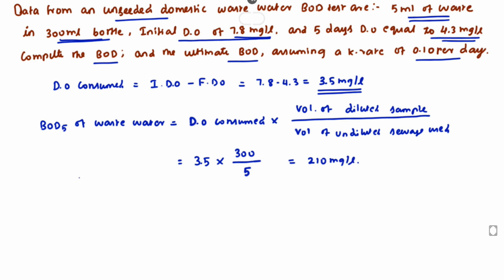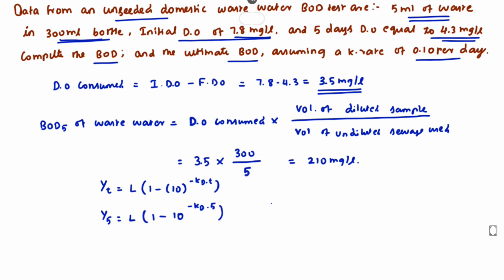Now we use the relation Yt equals L into 1 minus 10 power minus Kd into t. This is the formula we use to find the BOD and the ultimate BOD. For the 5 day BOD, Y5 equals L into 1 minus 10 power minus Kd into 5, where t is 5 days.